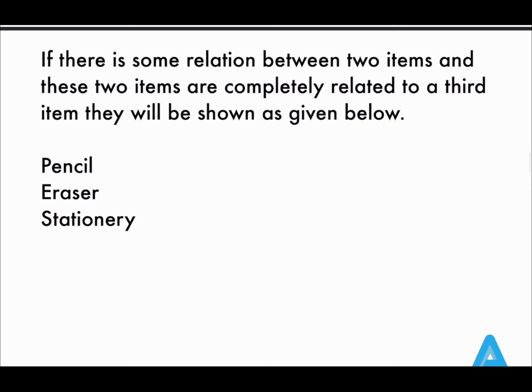If there is some relation between two items and these two items are completely related to a third item, then you can say that the two items are related to each other. In our case, pencil and eraser.